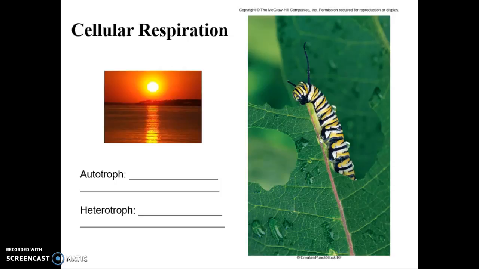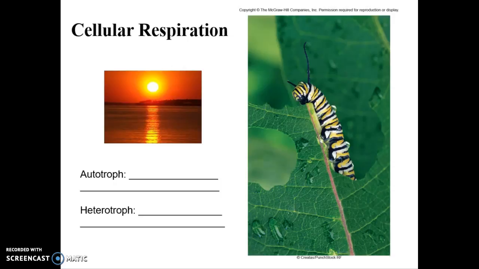Now, if a bird comes along and eats the caterpillar while it's trying to eat the leaf, that bird also fits into the heterotroph category. So in general, any organism that we consider a producer running photosynthesis goes into the autotroph category, and anything that eats stuff generally is placed into the heterotroph category.